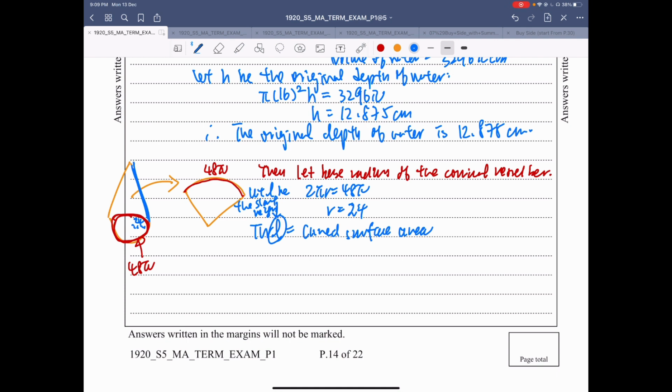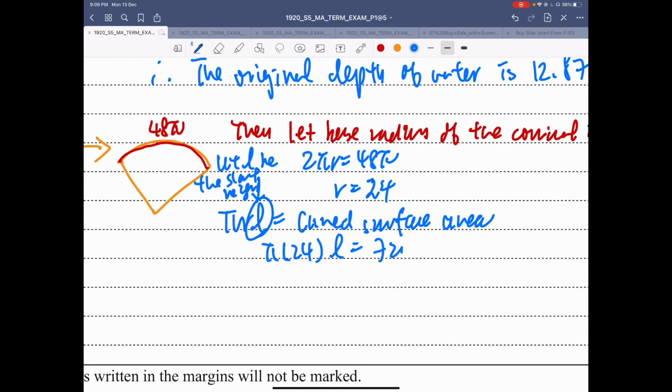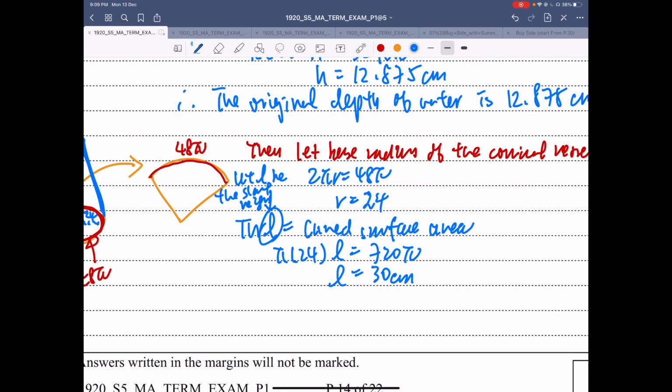So pi r l, where r is now 24: pi times 24 times l equals the curved surface area given by the question, 720 pi. So l will be equal to 30 cm. So the slant height is 30 cm.